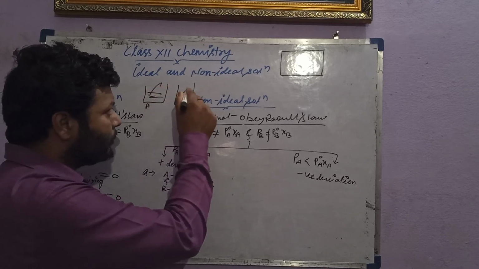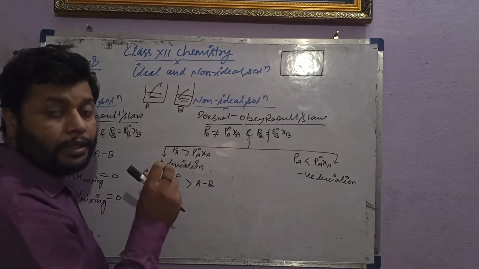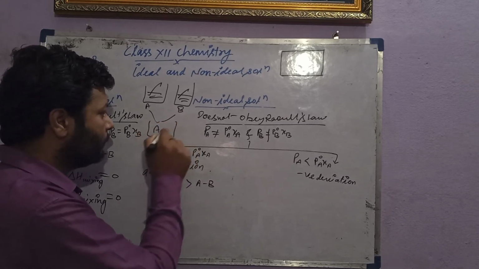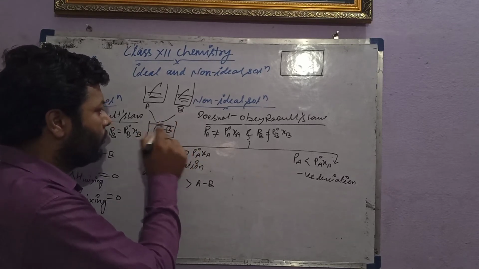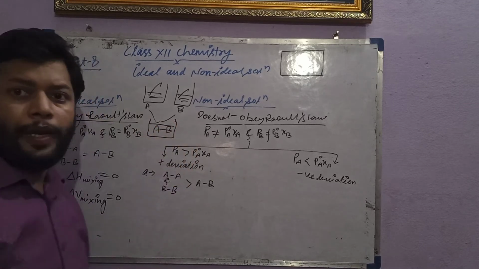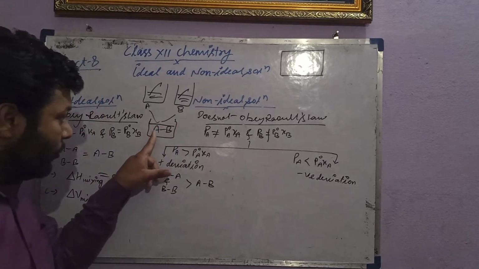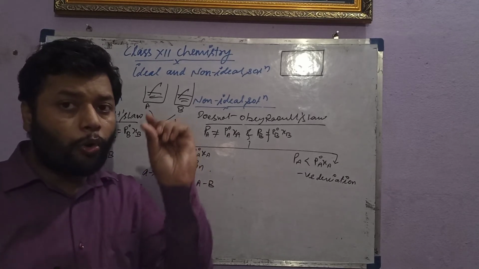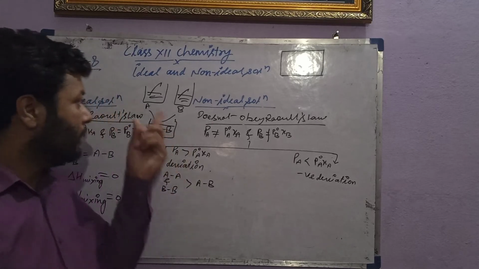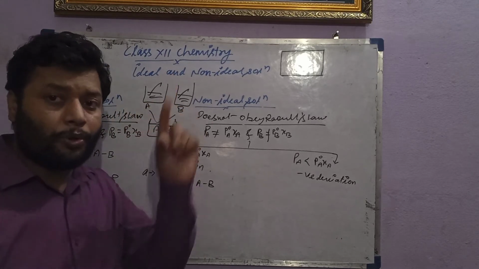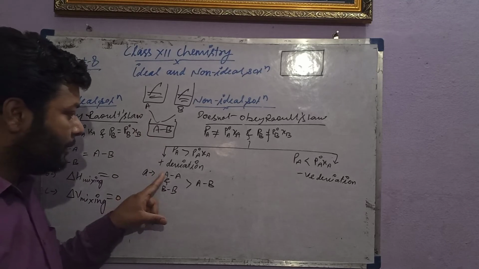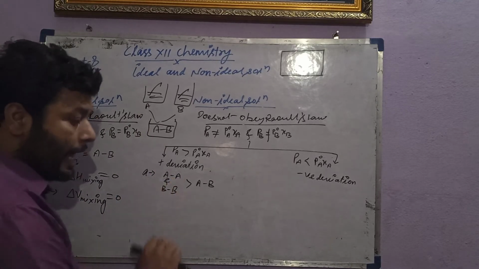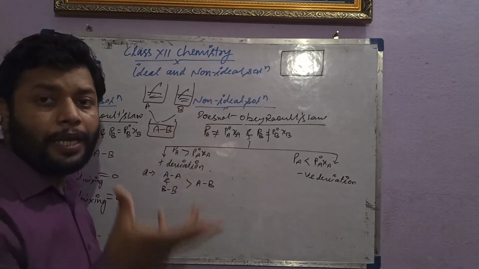This force of attraction is the greater strength. When they are mixing together, the force of attraction between the A molecule and B molecule has a lower strength than the individual forces, A and A, and B and B. So the escaping tendency will be higher.